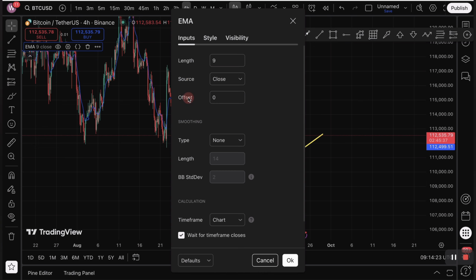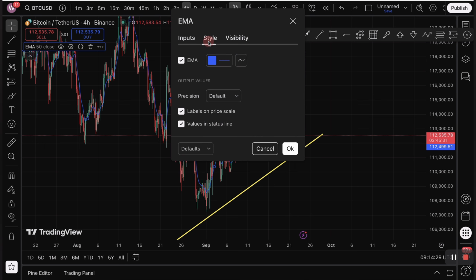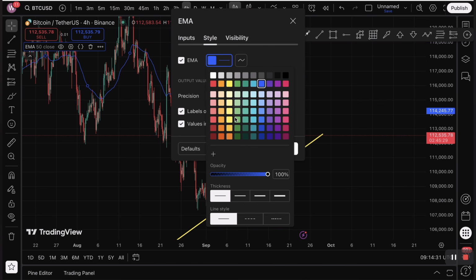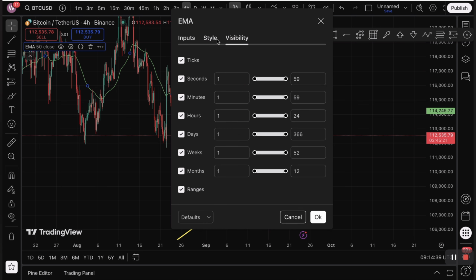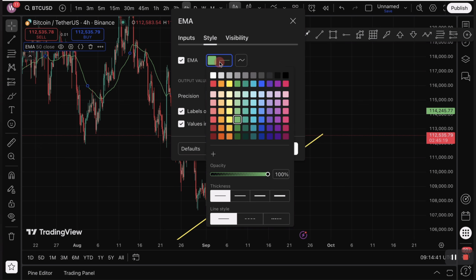Let me just put inputs. It's beginner friendly. So whenever you see the price is above the 50 EMA, you can decide to buy immediately.